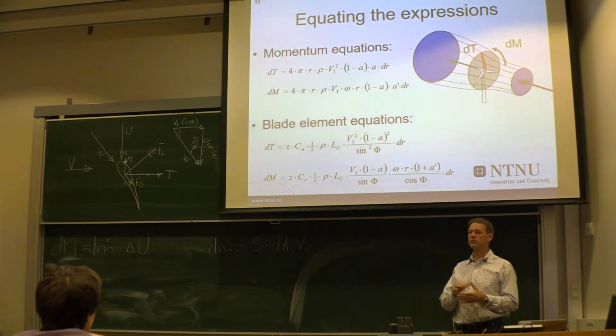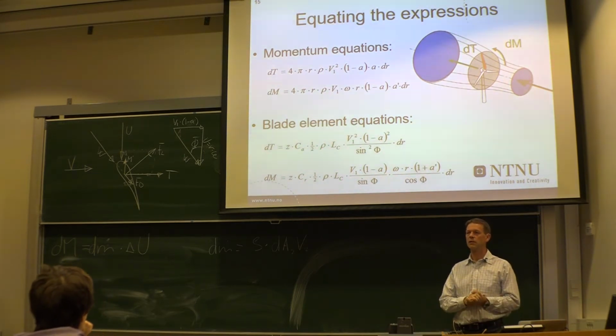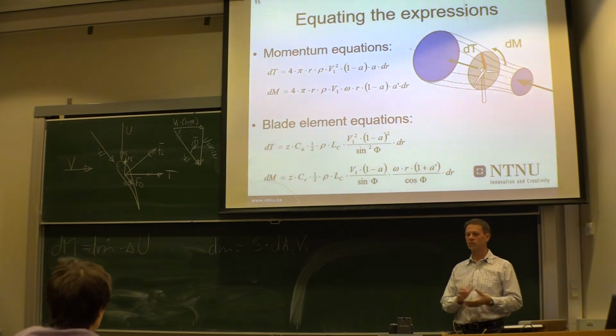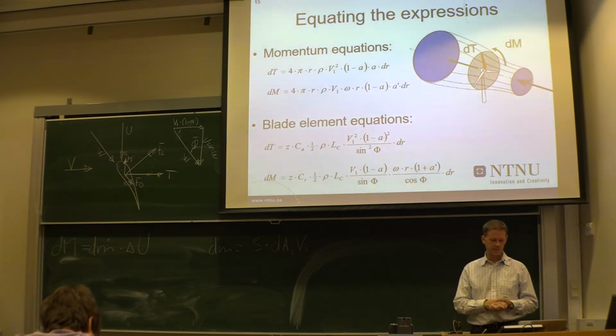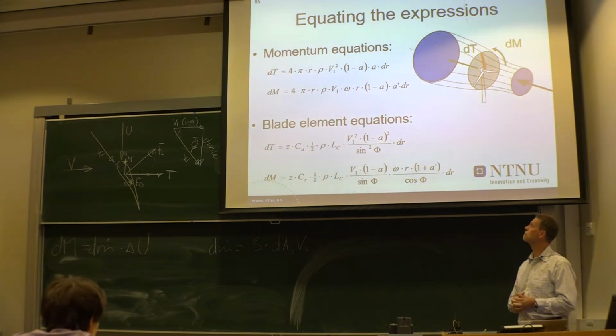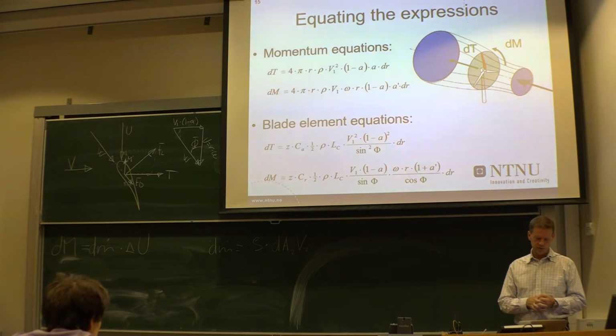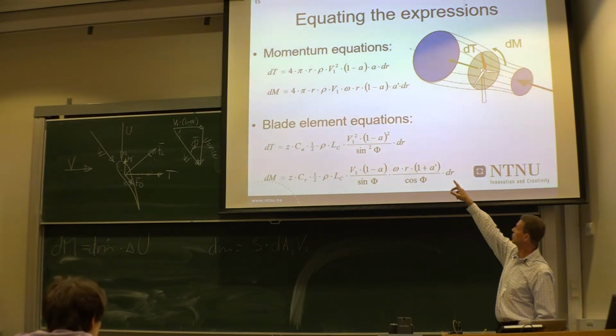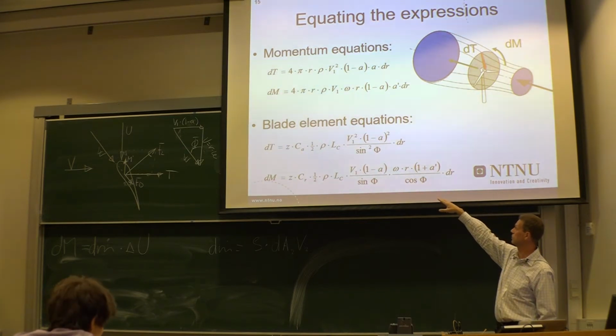Questions about these four equations? This is the key. This is the key element for the whole algorithm that comes later on. Okay, let's combine them. So we set the momentum equation and the blade element equation for dt to be equal to each other.